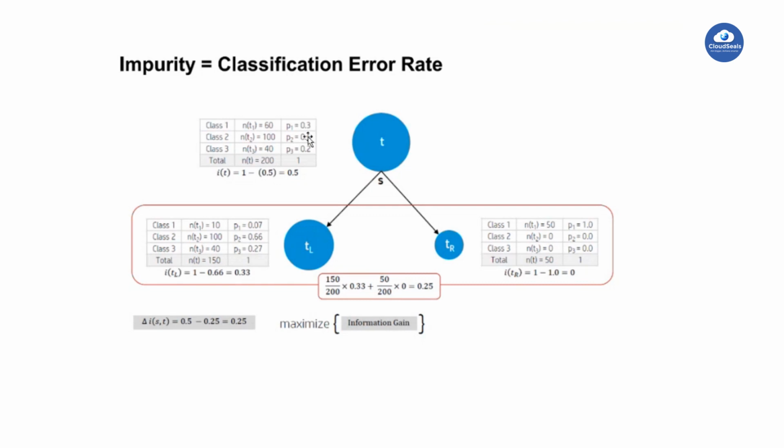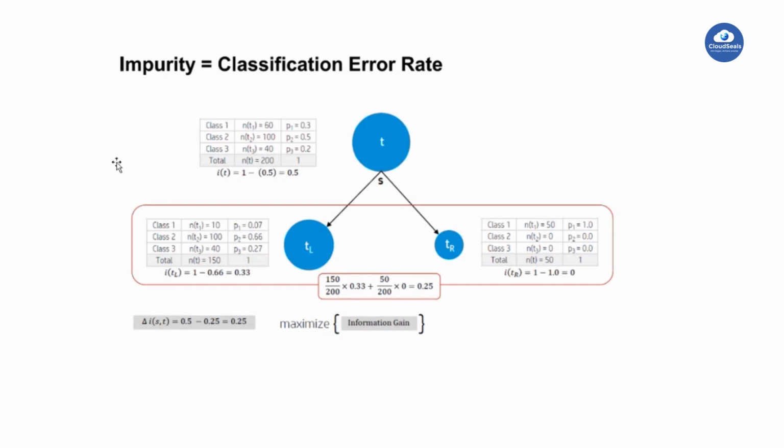The probability is 0.5. The number of records belonging to class 3 is 40. 40 by 200 is 1 by 5, that is 0.2. The probability is 0.2. Whenever we calculate probability, the sum over all classes is always 1.